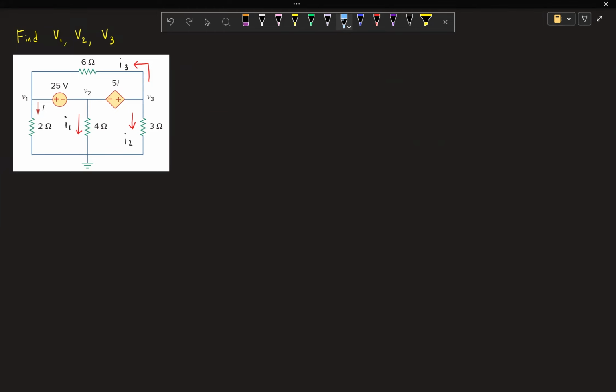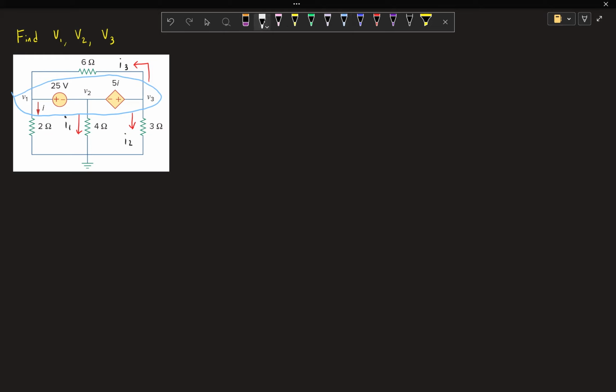So if you have two voltage sources right next to each other, if we follow the same thing we did before, we would say, okay, we're going to put a supernode between V1 and V2, and then, oh, we need another one between V2 and V3. So when you have this scenario, instead of doing that, you can just make one big supernode between the whole thing. So that's going to be our supernode here.